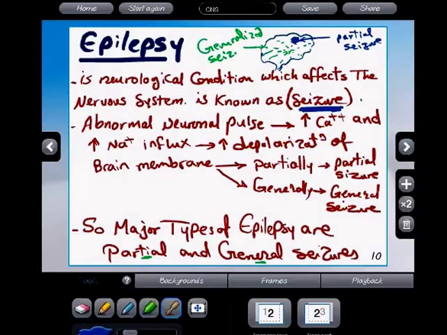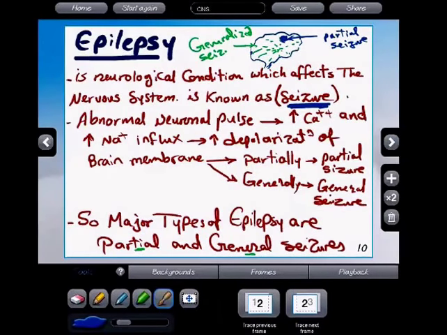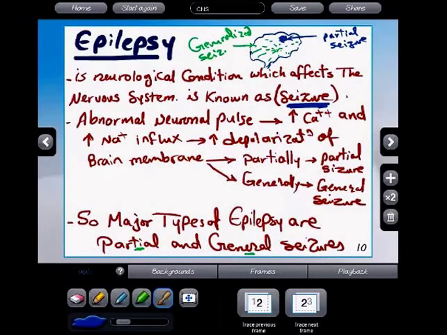Now about epilepsy. Epilepsy is a neurological condition which affects the nervous system and is known for seizures. It involves abnormal neuronal impulses with an increase in calcium and sodium influx. This increases the depolarization of the brain membrane, leading to partial seizures or maybe generalized seizures.